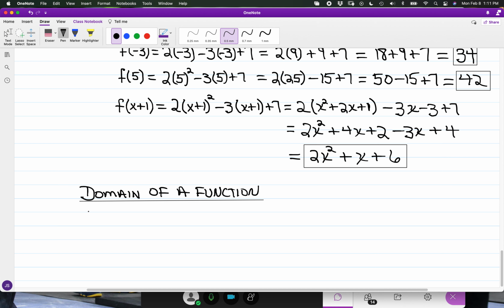Now, for the domain of a function y is equal to f of x, this is going to be the set of all values x.